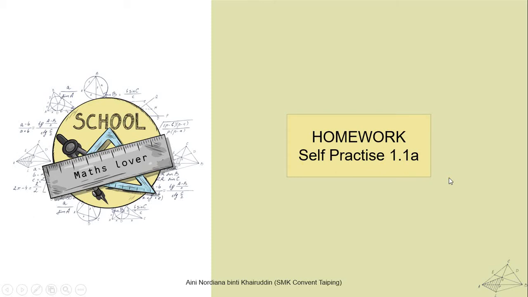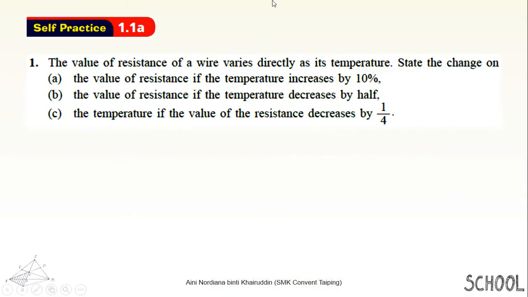We start with 1.1a first. The value of resistance of a wire varies directly as its temperature. State the change on the value of resistance if the temperature increases by 10%, if the temperature decreases by half, and the change on the temperature if the value of resistance decreases by 1/4.